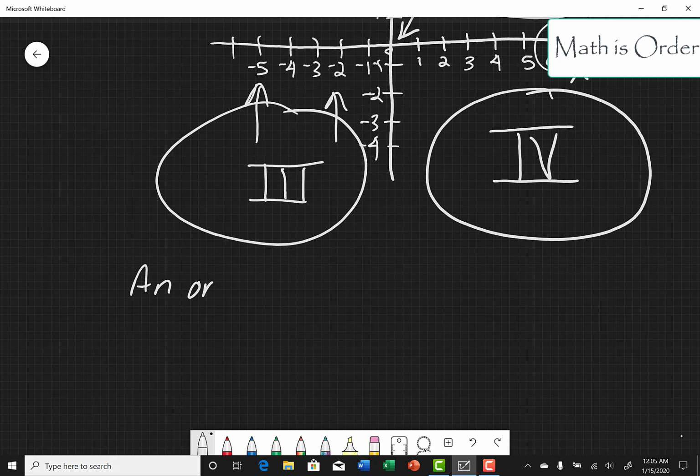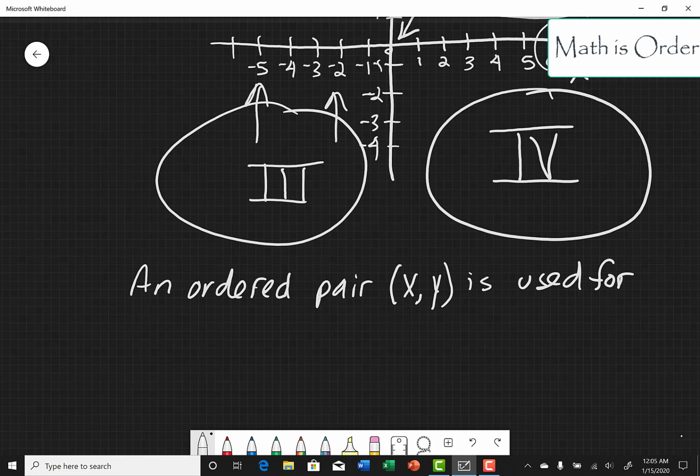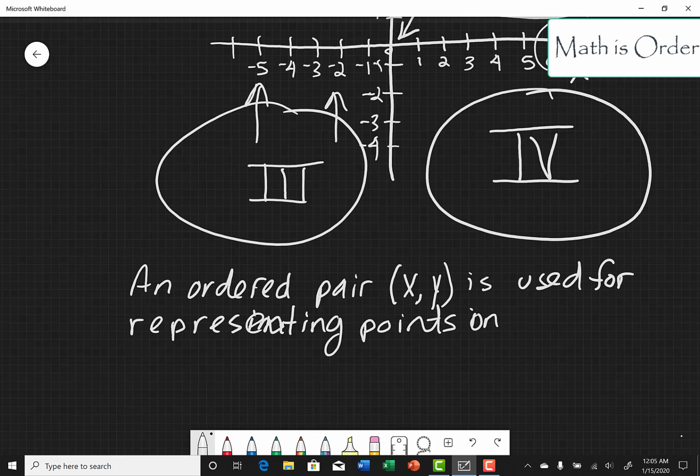An ordered pair (x, y) is used to represent a point on the coordinate plane.